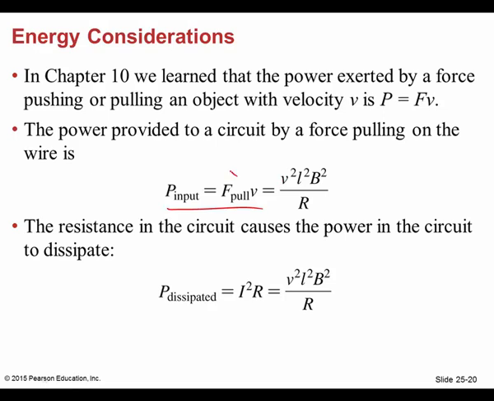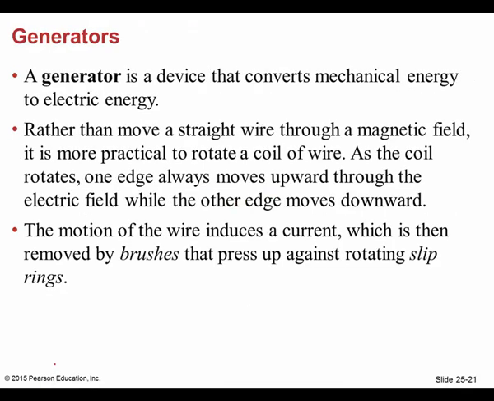We take force from that previous equation and put it into this equation. It becomes velocity squared times the length squared times the magnetic field squared divided by R, and that will give you the power input. And then, of course, power dissipated is the exact same equation.